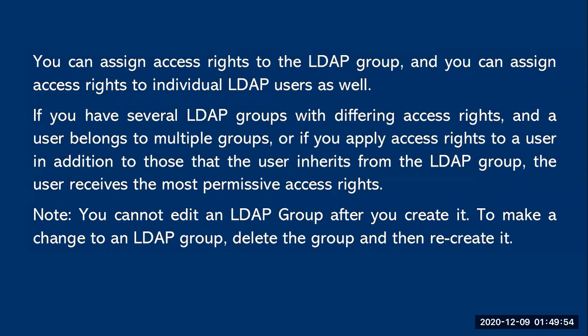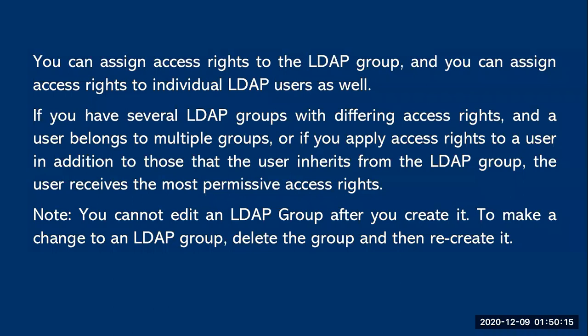That means if a user falls under multiple LDAP groups and each group has a different level of access right, then that specific user will receive the most permissive access right when logging into the Address Manager.